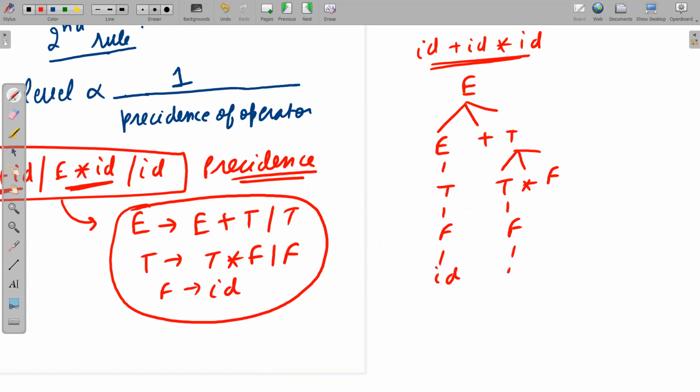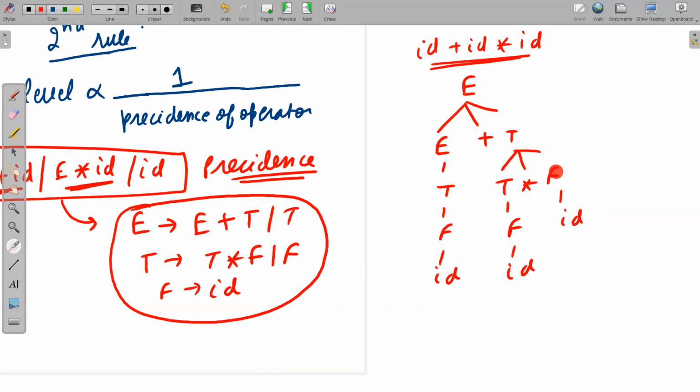T goes to F, F goes to ID, and F goes to ID. To solve this expression, you have to solve this expression and this expression. Expression can be expression plus term, term can be term star factor, factor can be ID. Like this we have written. So E goes to T, T goes to F, F goes to ID, and this is already solved.